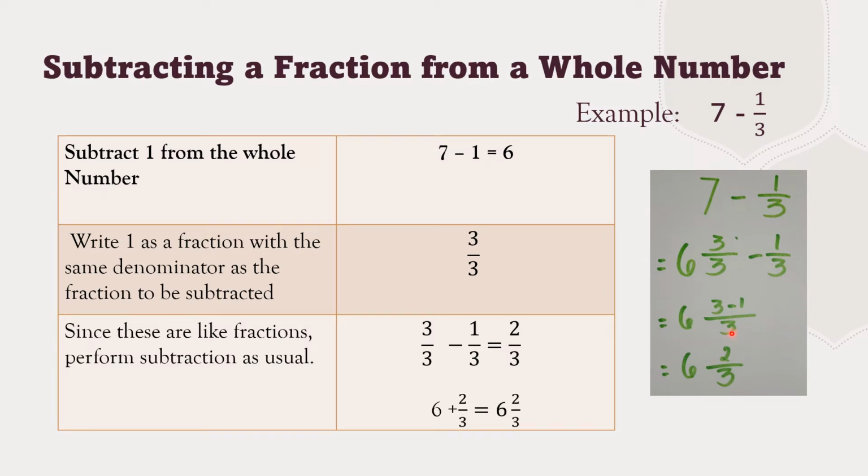So 3 divided by 3 is 1 times 3 is 3, and then we copy the operation, which is subtraction, the minus sign here. And then 3 divided by 3 is 1 times 1 is 1. Now we proceed to subtraction. So 3 minus 1 is 2, and then we copy the whole number and its denominator. So the final answer is 6 and 2/3.